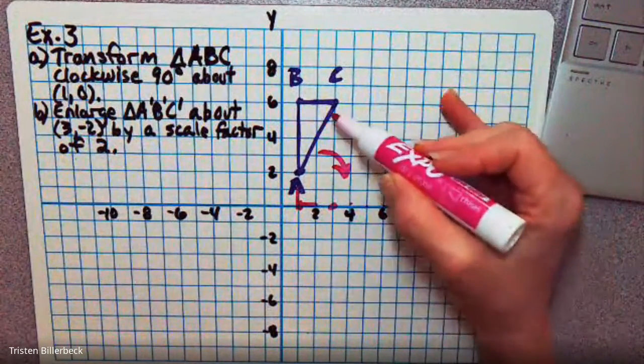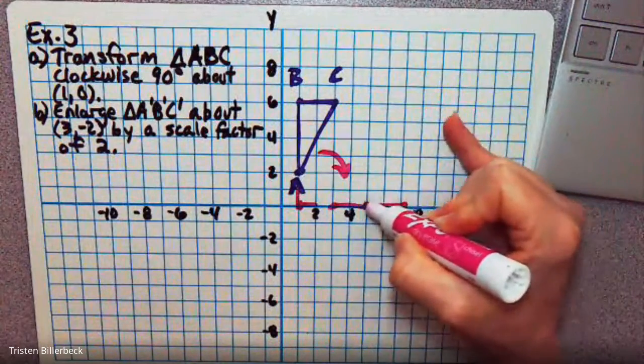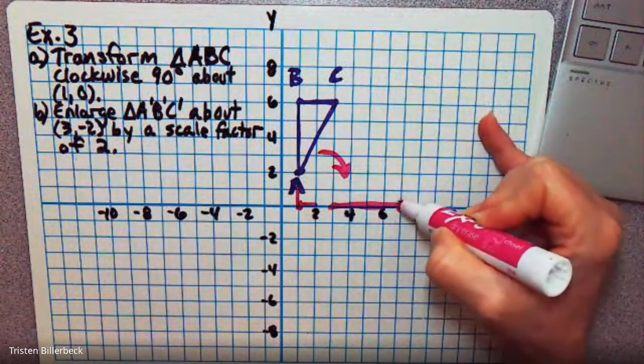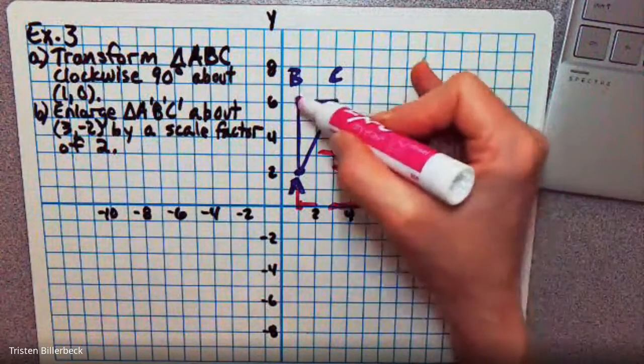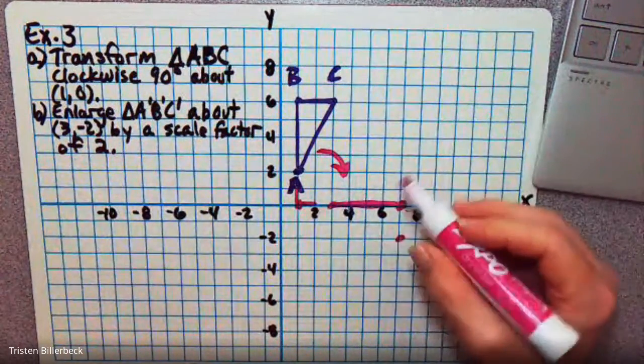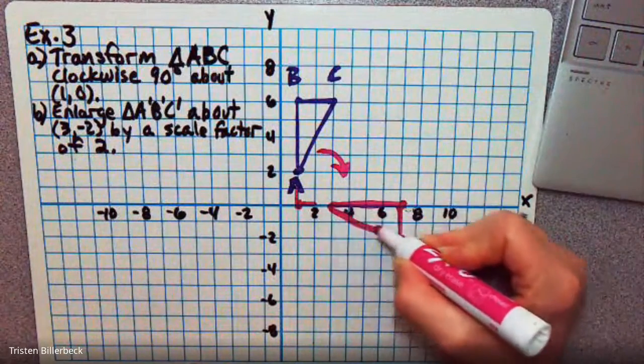So that means we have our one side right here, but it's rotating down, so this point here rotates here, and now we have a rotated figure.